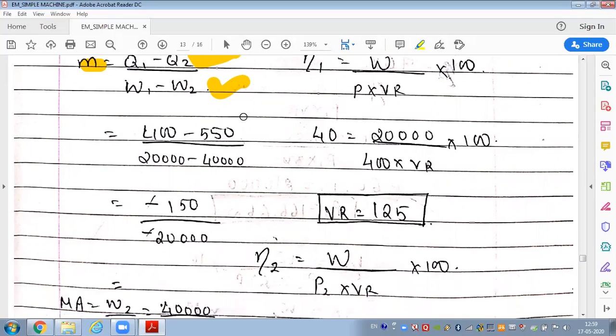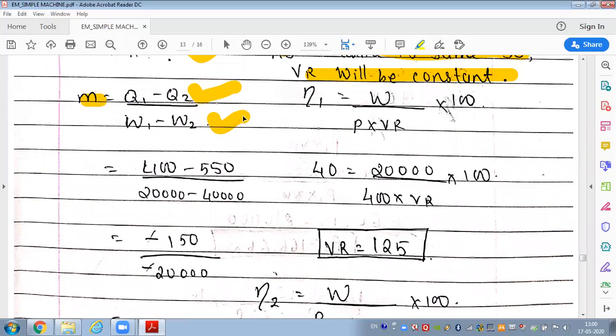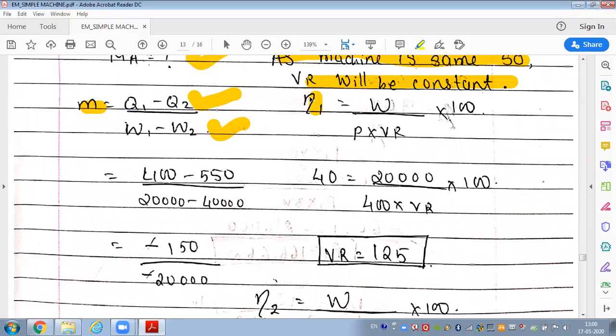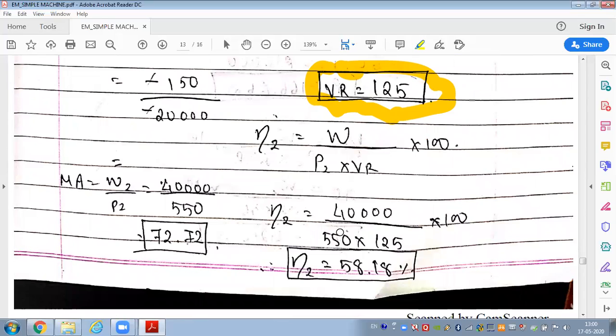Put these values in this formula and we can easily obtain the value of M. Now applying the eta 1 equation, put all the values and easily calculate the value of VR, the velocity ratio. The velocity ratio is the same for both machines. So applying the other formula of eta 2 and putting in the value of VR, finally you can easily calculate the value of eta 2. Eta 2 is the efficiency of the second machine.